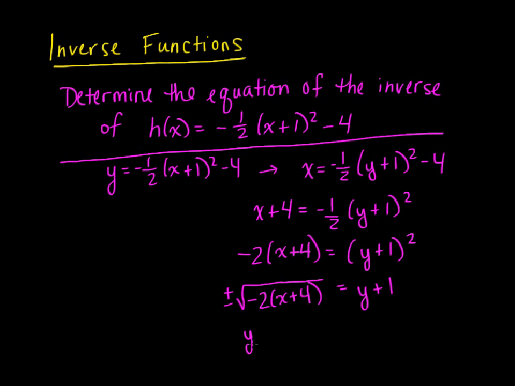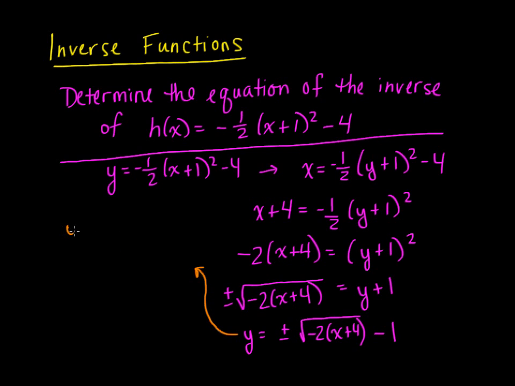And finally, in order to isolate y, we want to subtract 1 from both sides. So we get that y is equal to plus or minus the square root of -2 times (x plus 4), and then minus 1. Now, think for a moment about what this might look like on a graph. Okay? On a graph, we're actually going to be looking at two different pieces here.